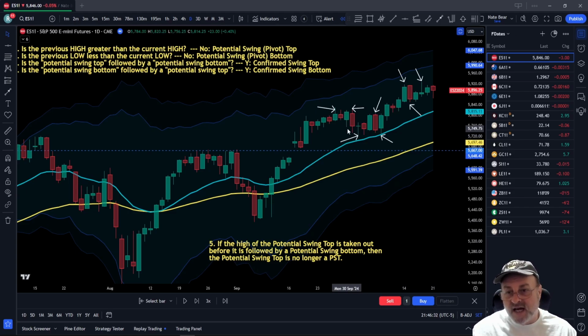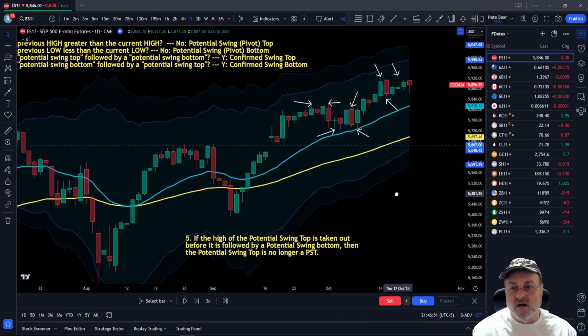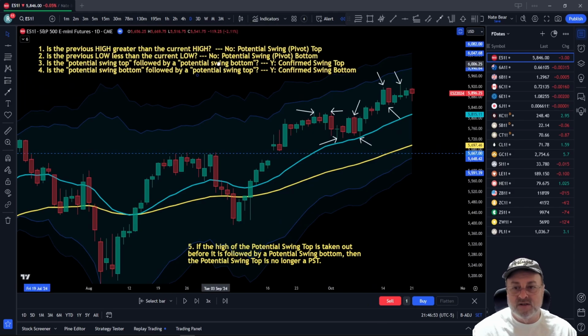So you could say to yourself, the low happened here, even though on the daily chart this is clearly not a swing bottom, but on an hourly chart, it was a swing bottom on the hourly time frame. And that's how we're able to have two swing tops consecutively showing on the daily chart. I hope that makes sense, folks.